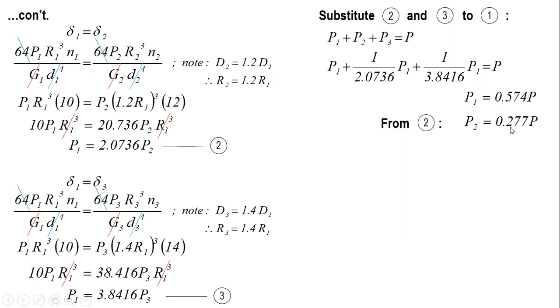And the result is 0.277 P. And from equation 3, this P1 0.574 P divided by 3.8416, the result is 0.149 of P.